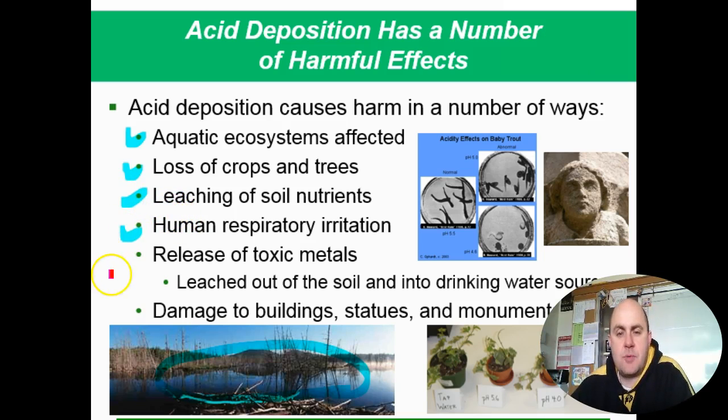It causes human respiratory irritation, which is a problem, and it can release toxic metals. Metals react with acid and turn into gas and a bunch of other things, and so that can really change the amount of metals being released from soils. And then, of course, it can damage statues and monuments, like this picture here is an illustration of that.